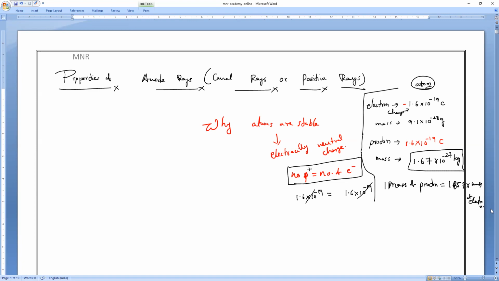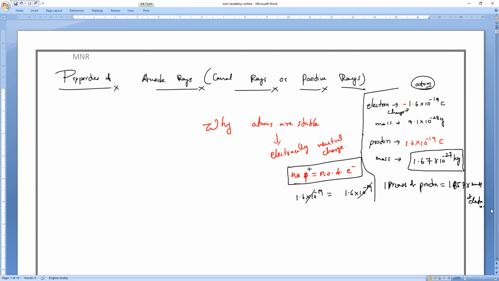Am I right, guys? Yes. The mass of electron is lesser than that, so we consider the mass of electron to be negligible. Please remember that. Anybody having any doubt, you can ask.